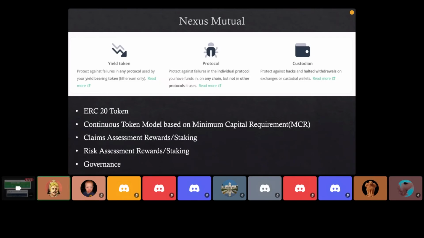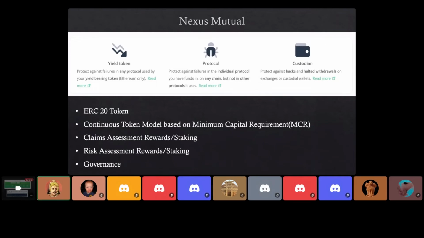The cover will be activated only when the capital pool reaches the minimum capital requirement. Minimum capital requirement is the requirement of capital to back up the expected risks by the protocol. So till then, the cover will not be activated. Only after the capital pool reaches the MCR level, then the cover will be activated.